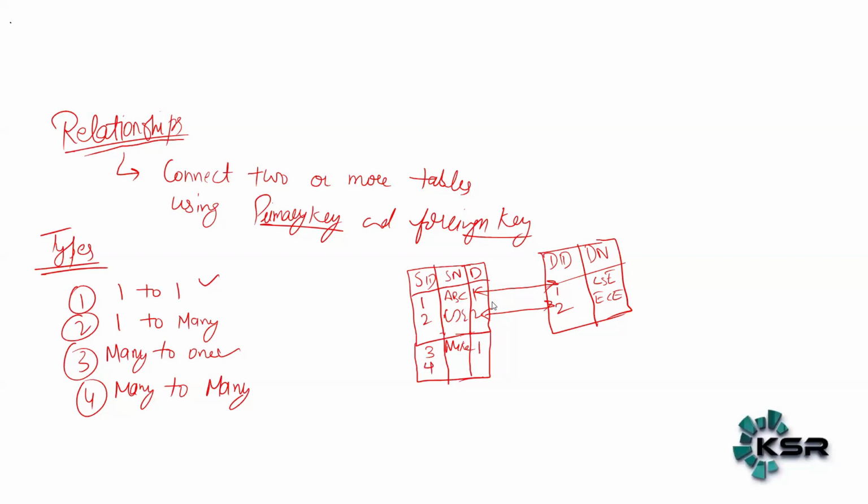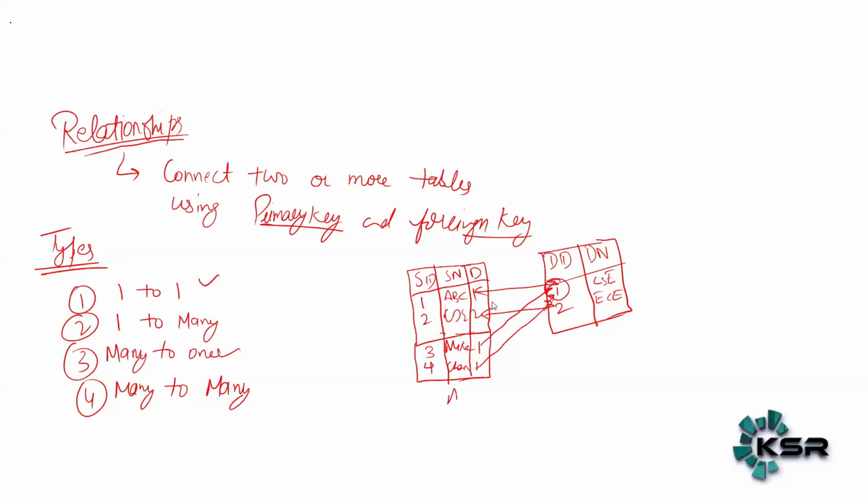Similarly, roll number 4, this is Chand, and he's also from the CSE department. So now this will also refer to this. This will also refer to this, right? So now one department is having multiple students, right?